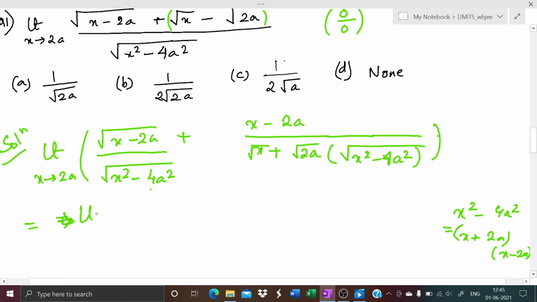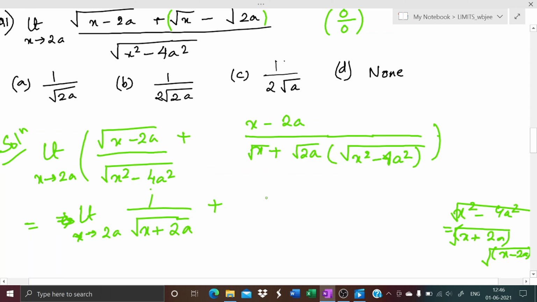So limit x tends to 2a, I'm doing a step jump. If I break this, it will be under root of x plus 2a into under root x minus 2a, and x minus 2a will get cancelled, and this will be under root x plus 2a plus, over here again I will break this similarly.